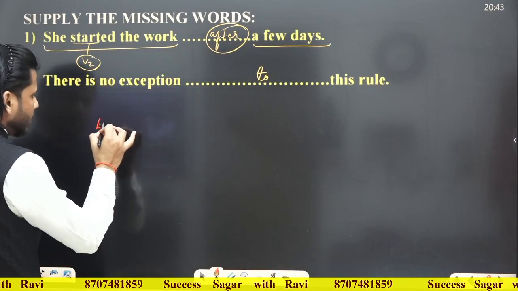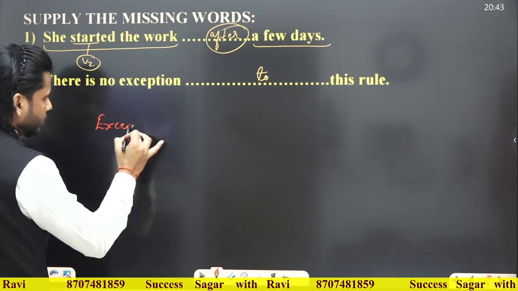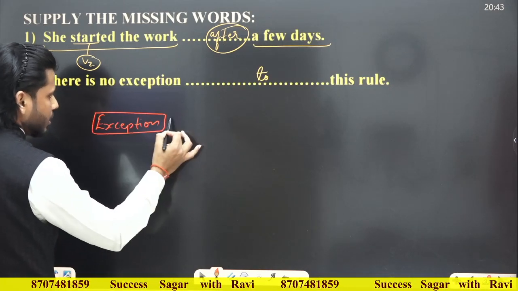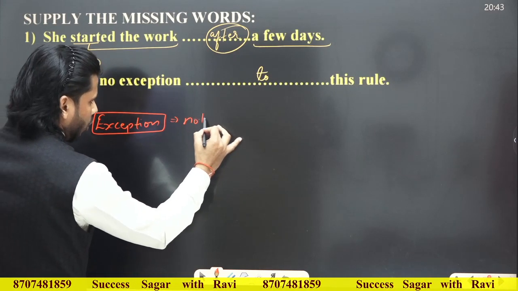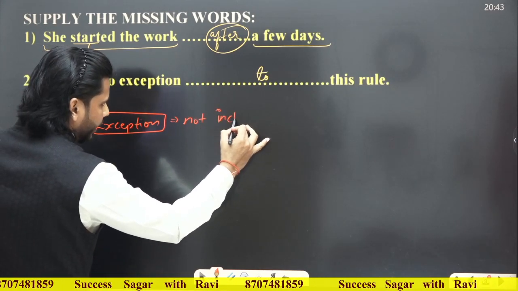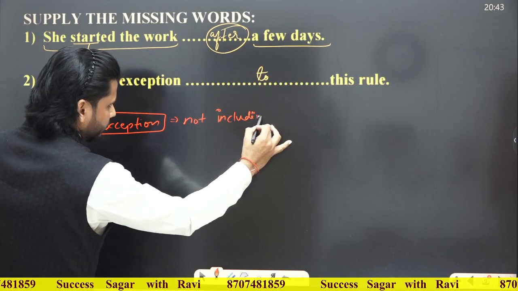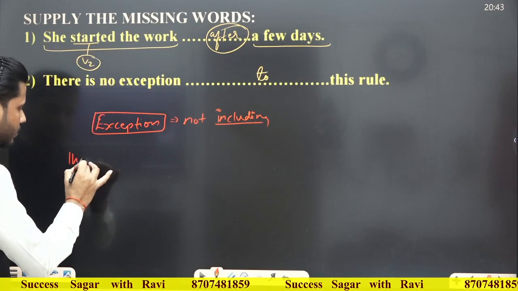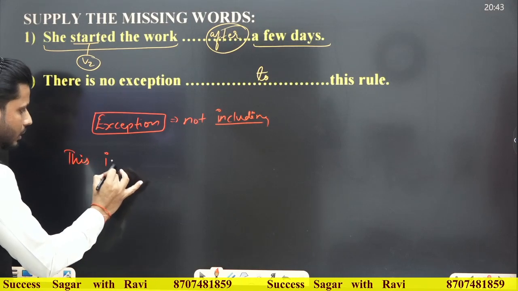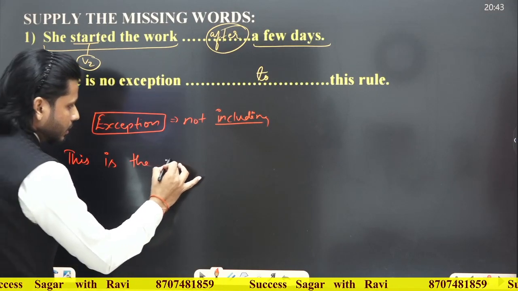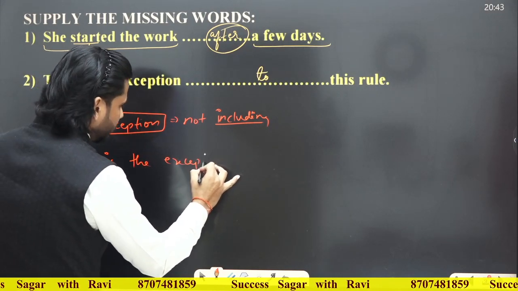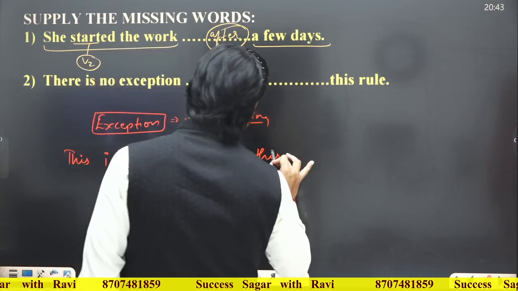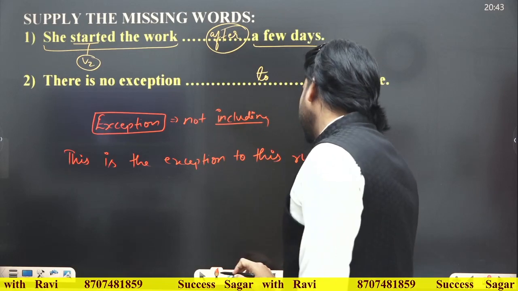Do you understand the term exception? Exception. What does this mean? Exception means not including. If I say this is the exception to this rule, what does this mean?